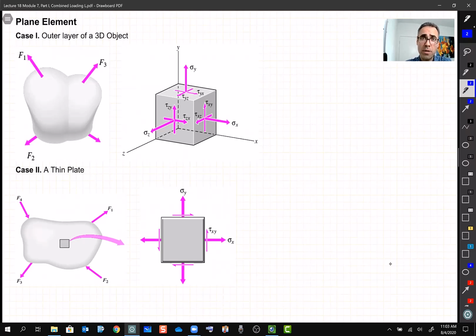There are two scenarios or two cases in which we can simplify a 3D element to a 2D element. The first one is when we are looking at the stress in the outer portion of an object, outside an object. So we have a 3D object, and we are looking at a point outside.